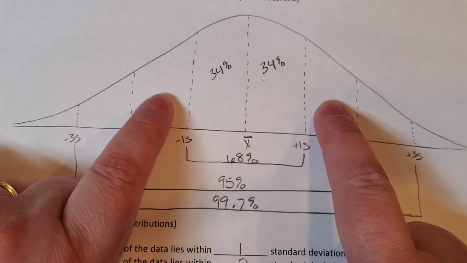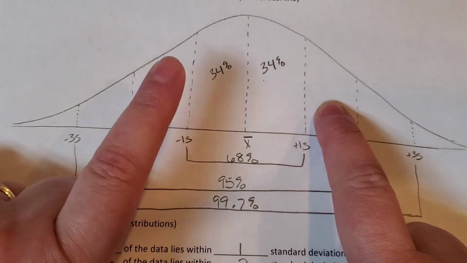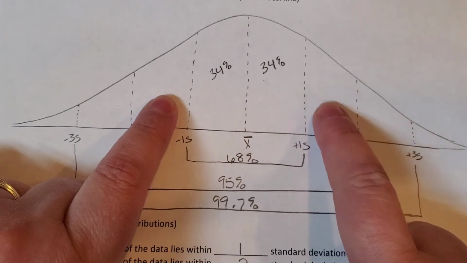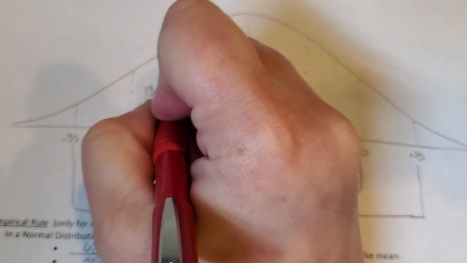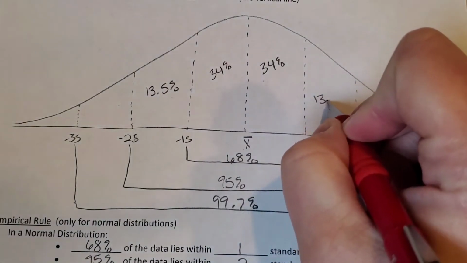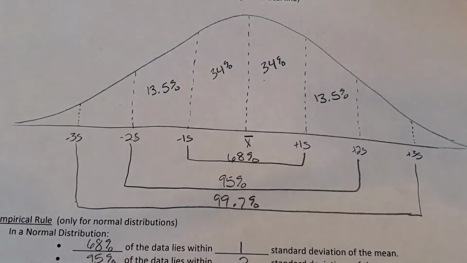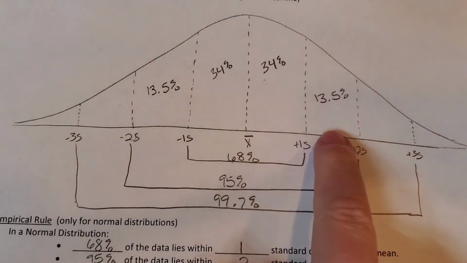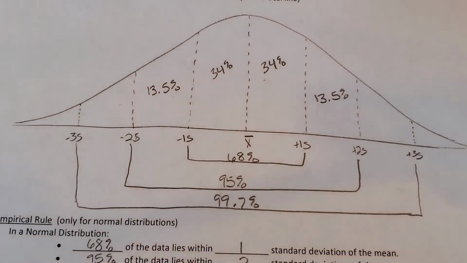Because it's symmetric, it's going to be split evenly. That means 13.5% here and 13.5% here. If you add those up, the 13.5, the 34, the 34, and the 13.5, you do get 95% of your data.